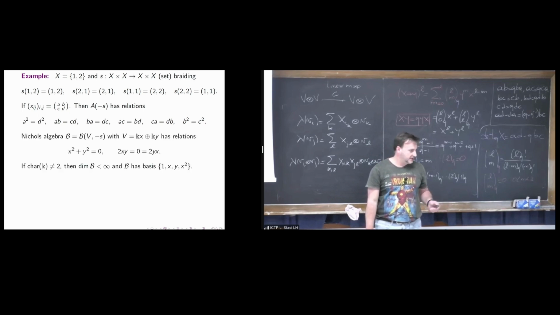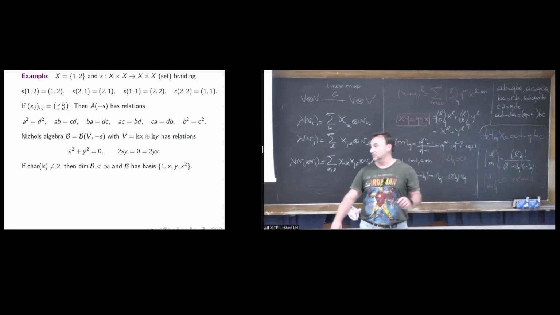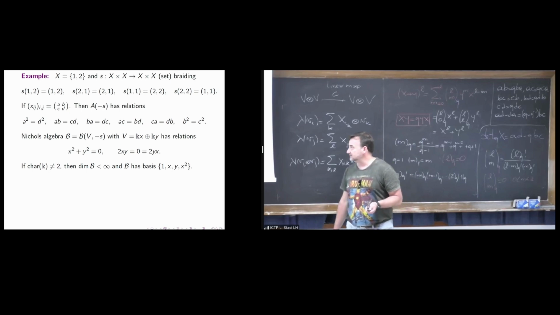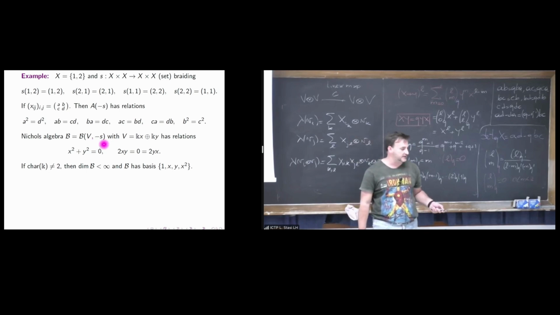The Nichols algebra, don't worry about it. We can compute the Nichols algebra also using the computer in this case. It is the tensor algebra in these two variables with these relations: x squared plus y squared is 0, 2xy is 0, and 2yx is 0. So if the characteristic is not 2, the dimension is finite.